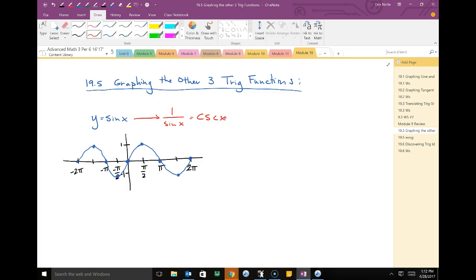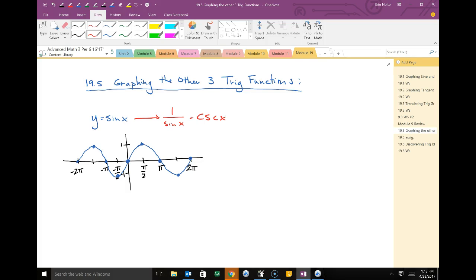Ooh, okay, I hear holes, I hear asymptotes. What's going to happen is there's going to be vertical asymptotes everywhere. Do you see all those places where the sine function crosses the x-axis? On our cosecant function, those are the places where we have vertical asymptotes.